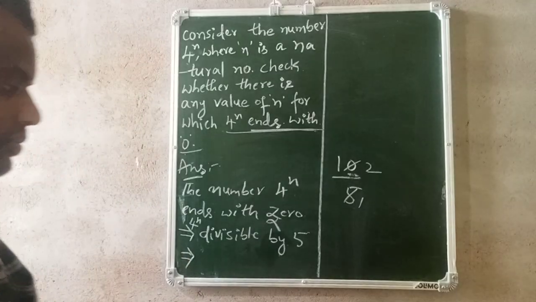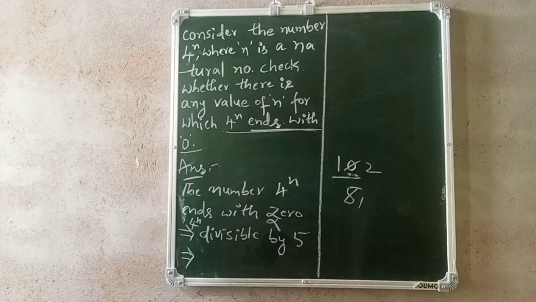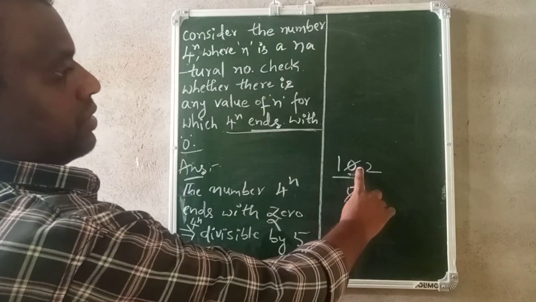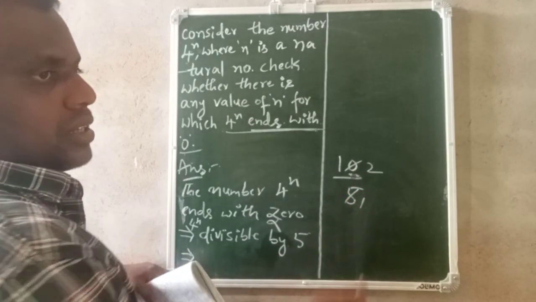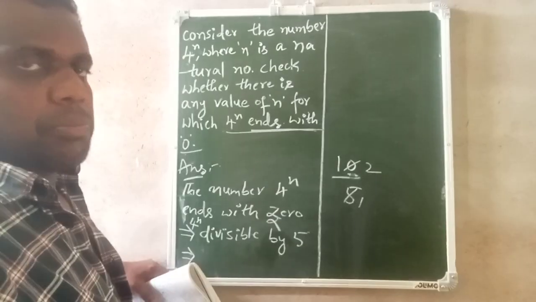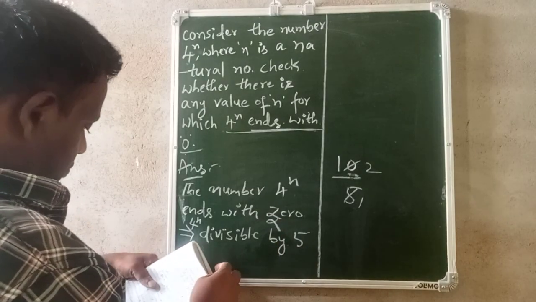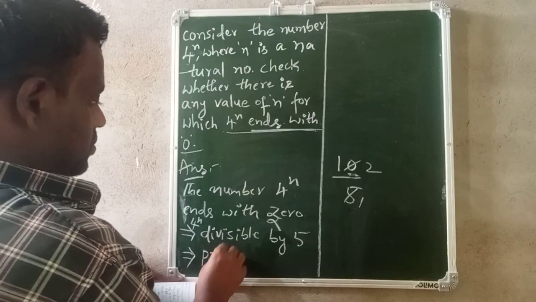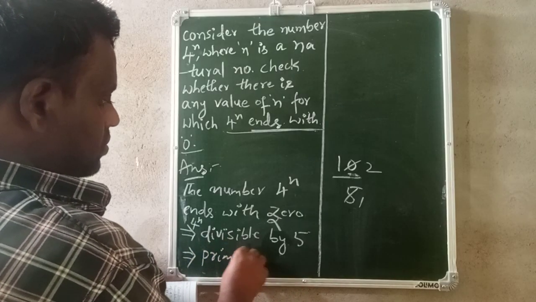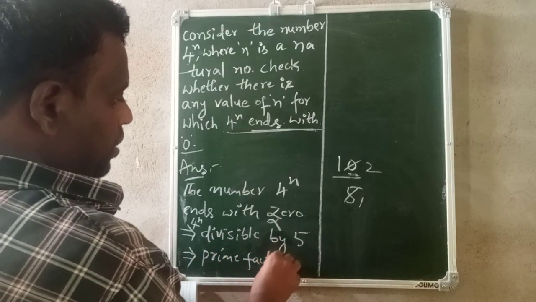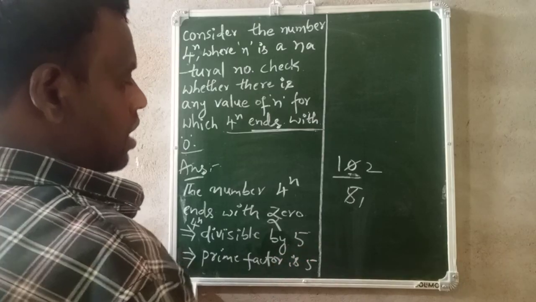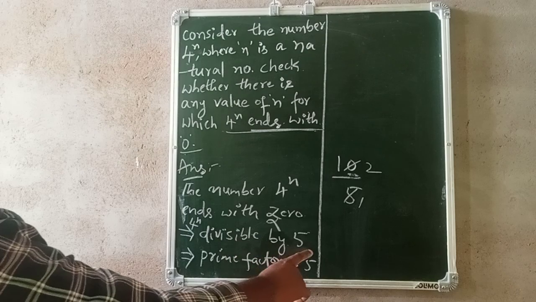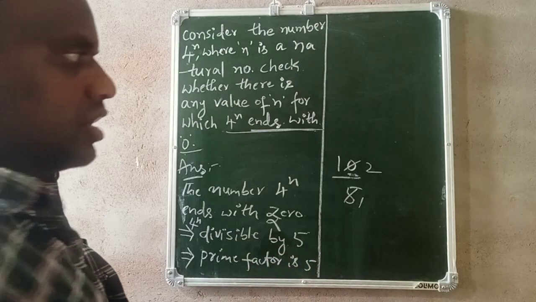Like that you have to write. So this implies, I already said, when this number is divisible by 5, that means a prime factor is 5. If the number is divisible by 5, it means a prime factor is 5. That is understood.